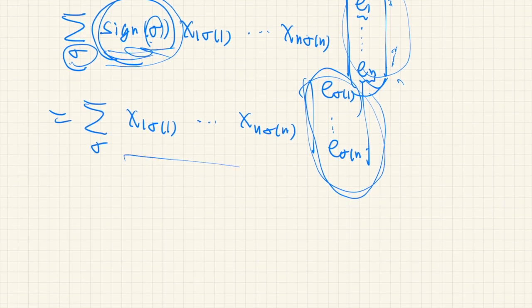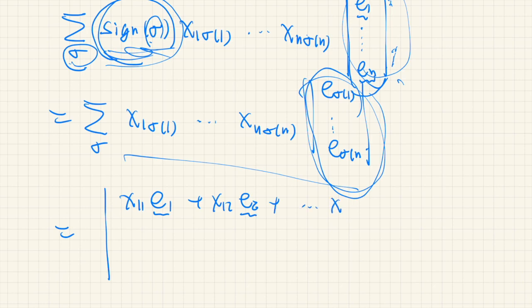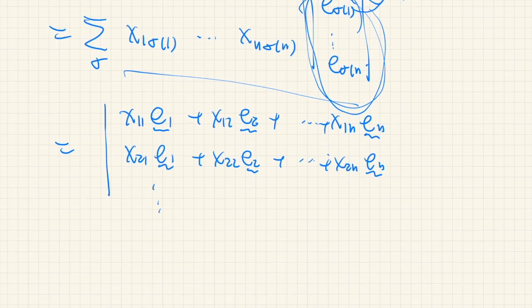Okay, but this thing is actually what we obtain from this: x11 e1, x12 e2, and so on, x1n en, and x21 e1, x22 e2, and x2n en, and so on, and xn1 e1 plus, and so on, and xnn en.